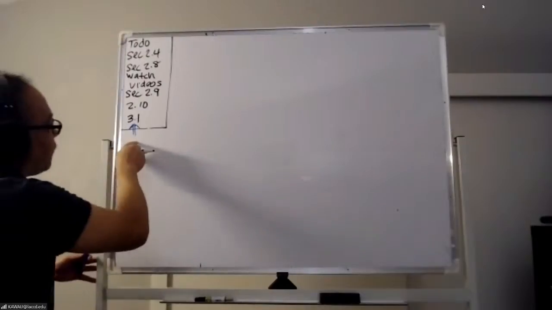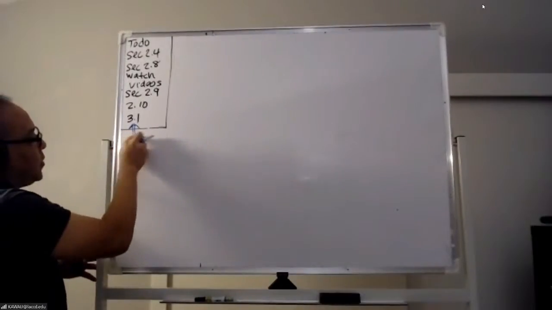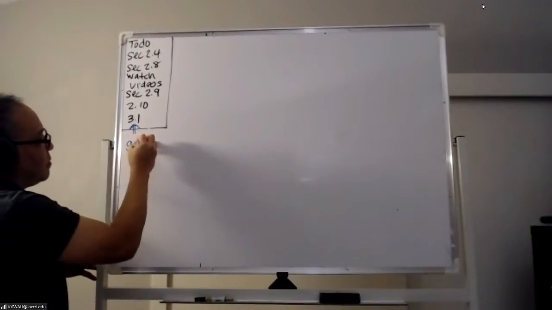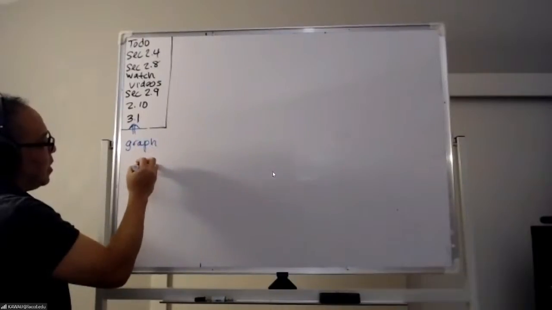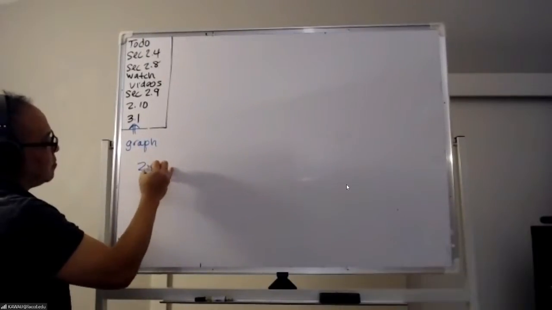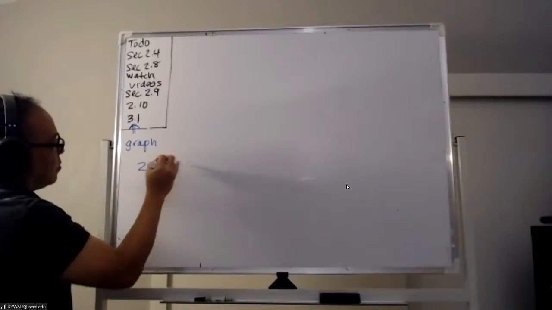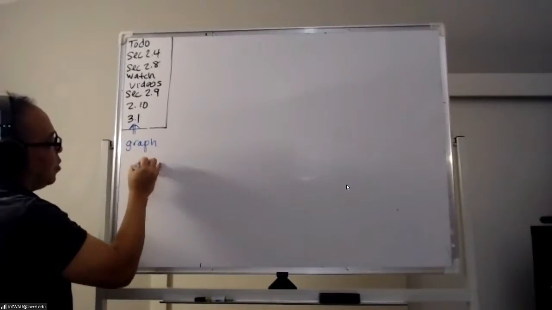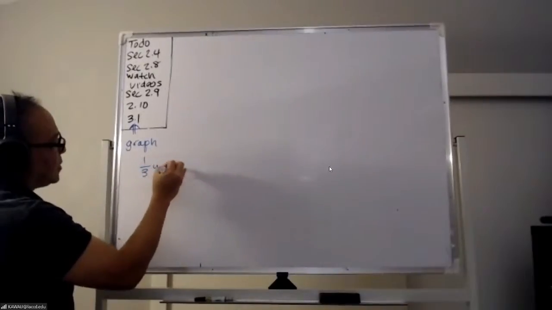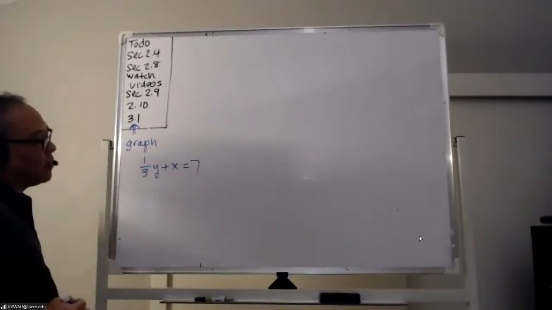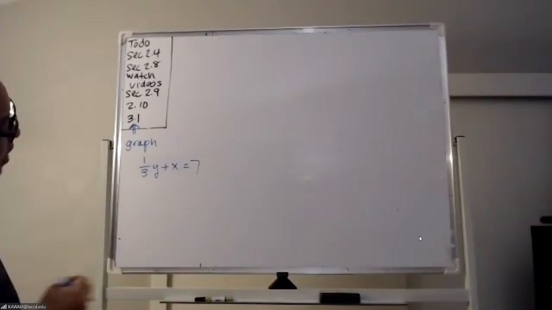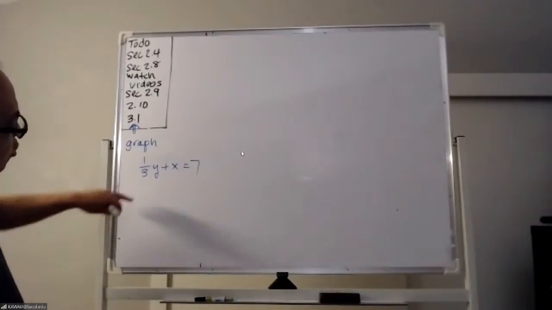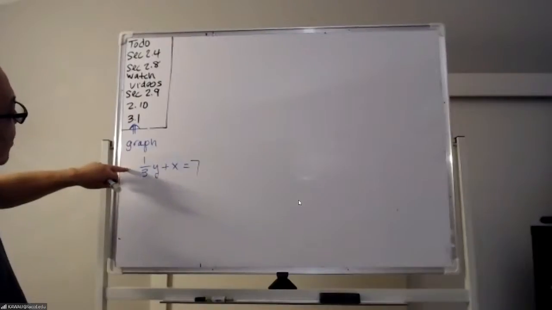Okay. So for 3.1, it'll be something like graphing. It'll be something like graph 1/3 y plus x is equal to 7. Now, for some of you, you know you're terrible at that. Guess what? You should watch that video before I cover it.